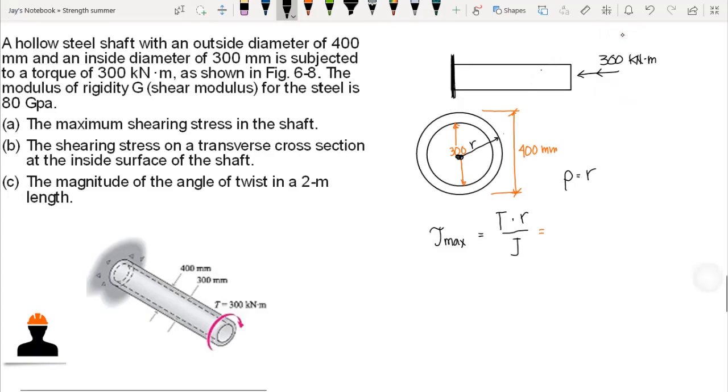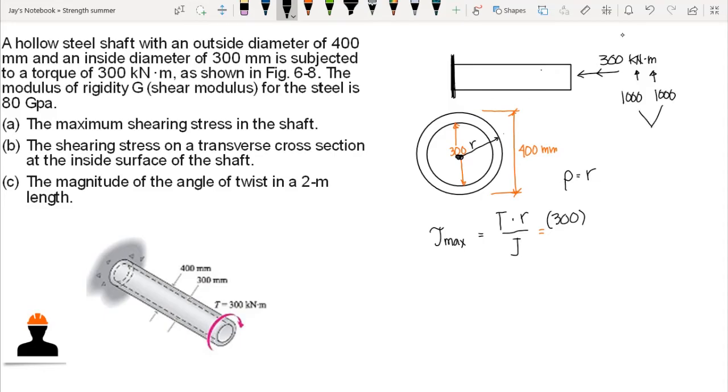So we have here 300. Now take note, since this one is in kilonewton and this one is in meters, we multiply by 1000 to get newton, and by another 1000 to get millimeter.